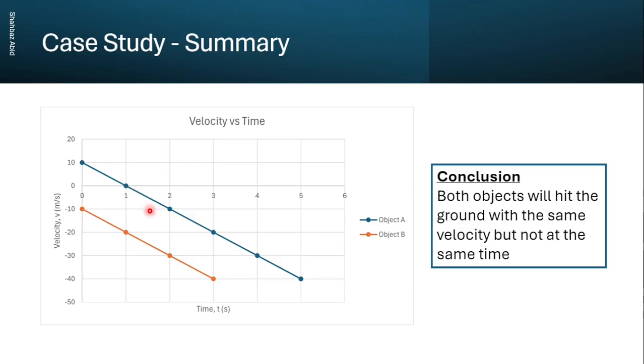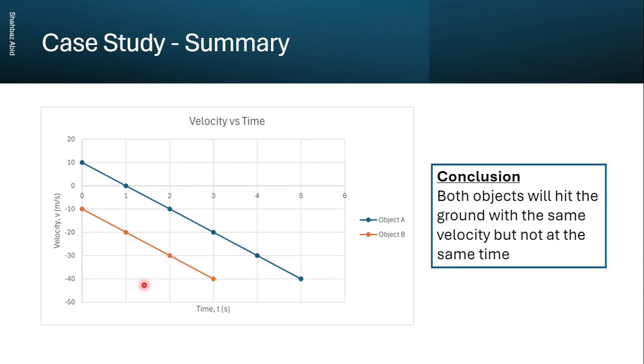We can now notice that both velocity versus time graphs are parallel to each other, which means the acceleration for both of them is constant. That is due to gravity, and it's equal to negative 10 meters per second squared. Negative acceleration means negative slope of the velocity versus time graph. So we can see that the slope is constant and negative for both of them.